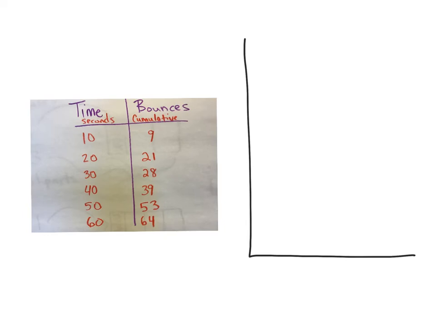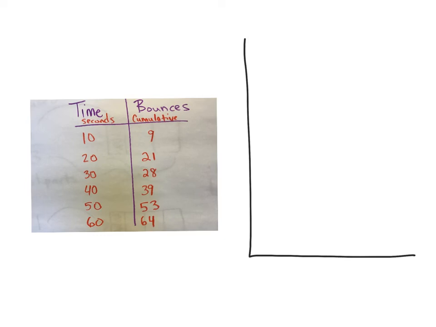All right, so to wrap things up here, I'm going to go back to my data table, and you'll notice that I don't have that third column that I want you to do. I took that off on purpose, but you do notice that I added the axes for a graph here. If you think back to the winter survival unit that we did, when we were graphing all of that weather data, we were following trends over time with line graphs. So what I'm going to ask you to think about is, if you were graphing this, what would the slope of your line be?